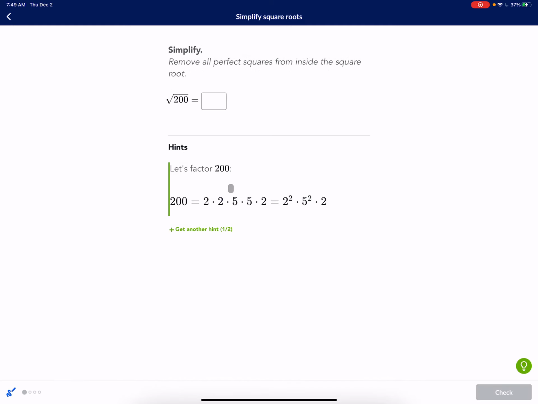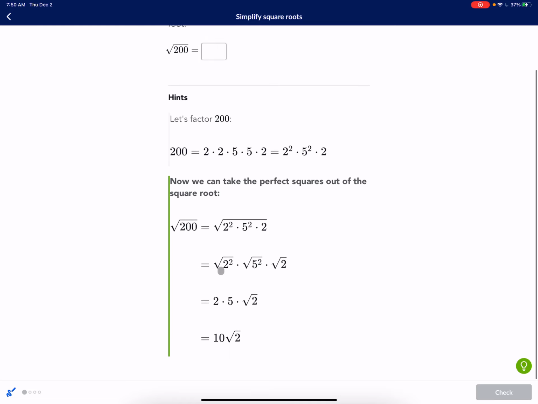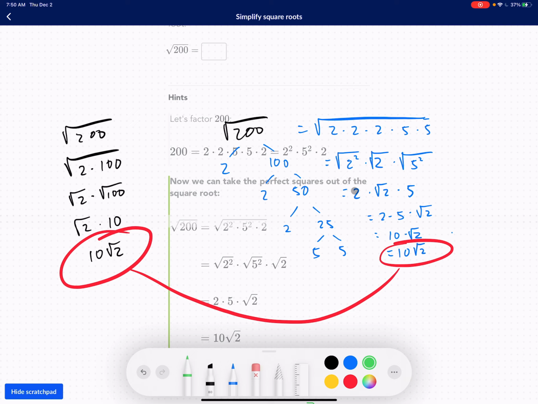And then after he factored out 200, he's probably going to put it into the square root, because these terms represent 200. If you multiply it out, it's all 200, and you get the square root, and then now you're actually square rooting. And this part right here is exactly what we did here.